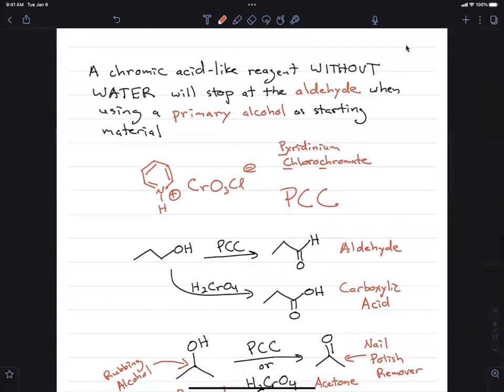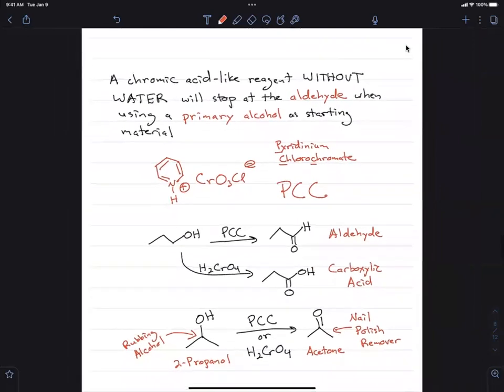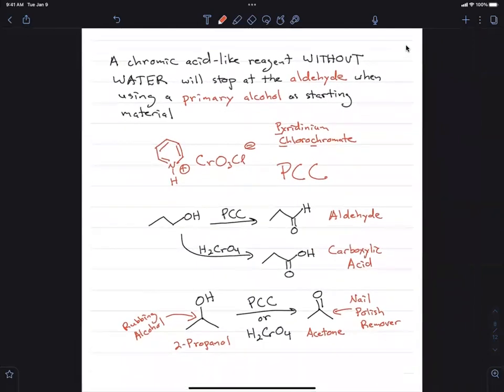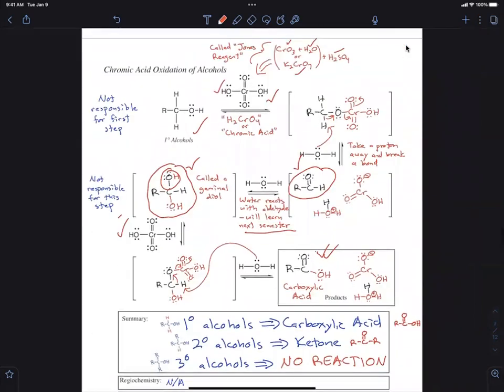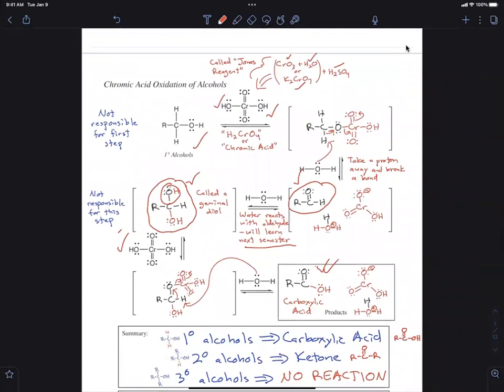We also can explain something from last semester that I said that you would just have to accept. And that is, if we create a chromic acid type reagent that does not have water, if there's no water present, then we're not going to get any geminal diol. If we don't get any geminal diol, then the reaction cannot proceed, so we stop at the aldehyde.